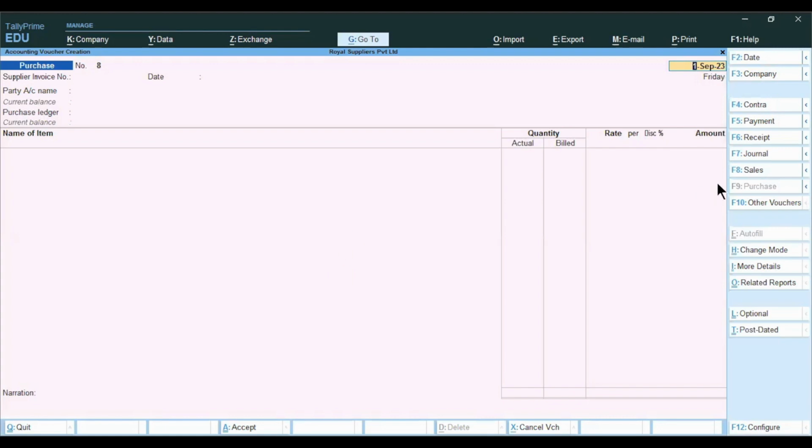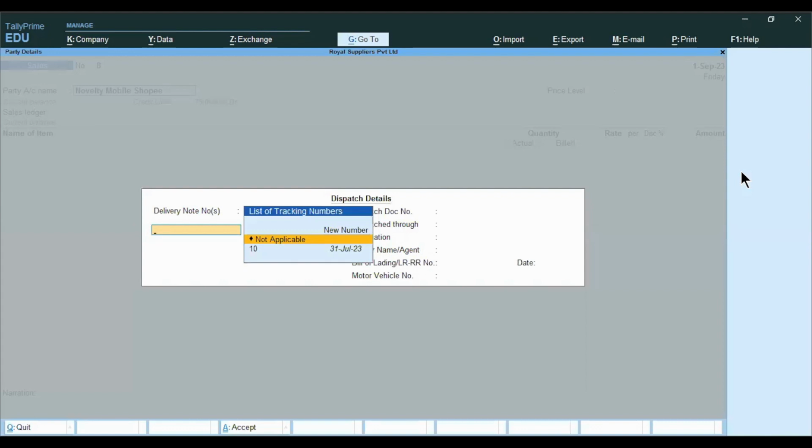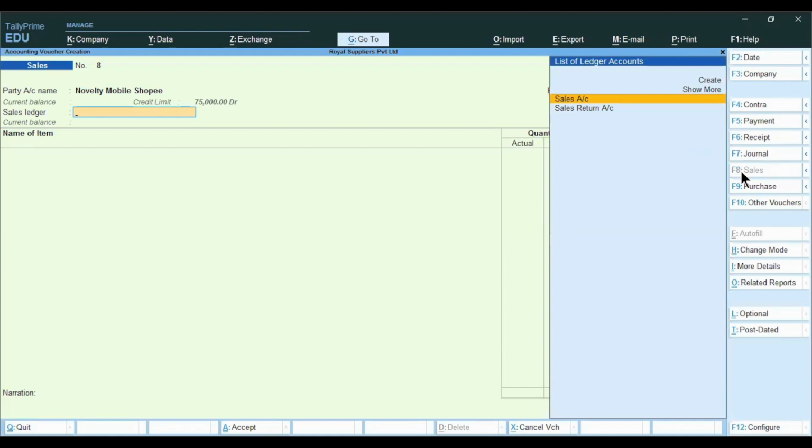It is purchase invoice. Change it to sales invoice. Date will be any date. Party name will be Novelty Mobile Shopping. And price level not applicable. Sales account.